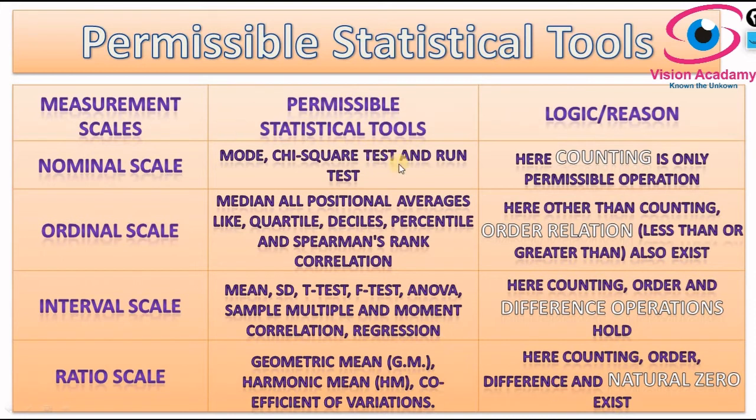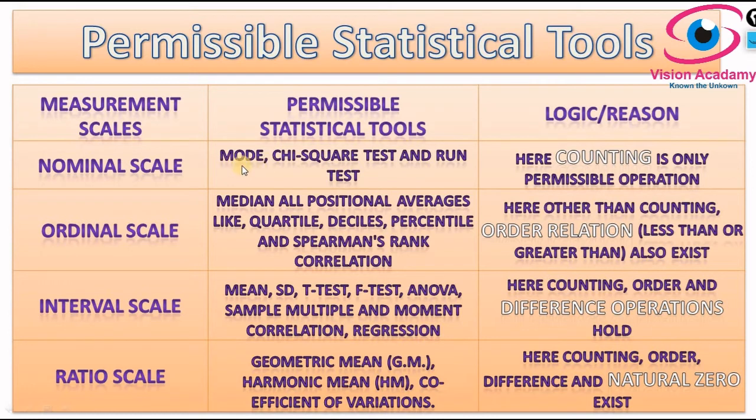The permissible statistical tools in nominal scale are mode, chi-square test and run test. Very importantly, you should keep in mind that chi-square test and run test here are non-parametric tests, not parametric tests. Chi-square test comes under both parametric and non-parametric tests, but here in the nominal scale you apply chi-square test as a non-parametric test, and mode also.